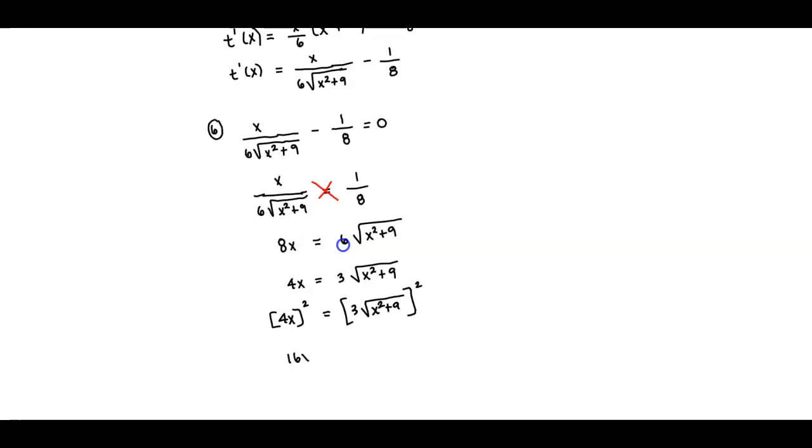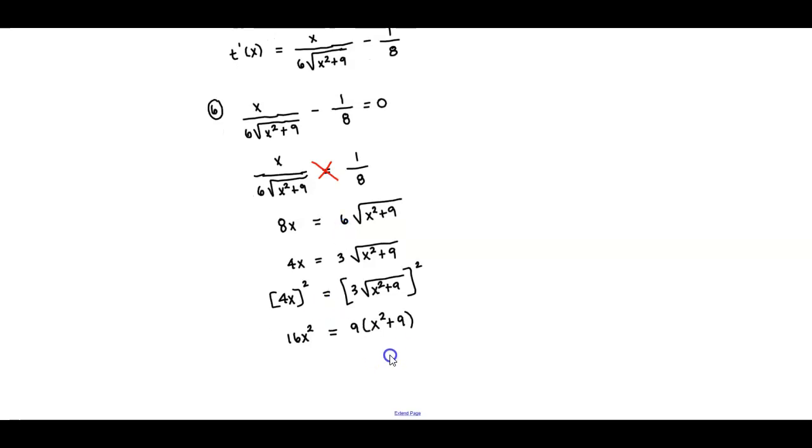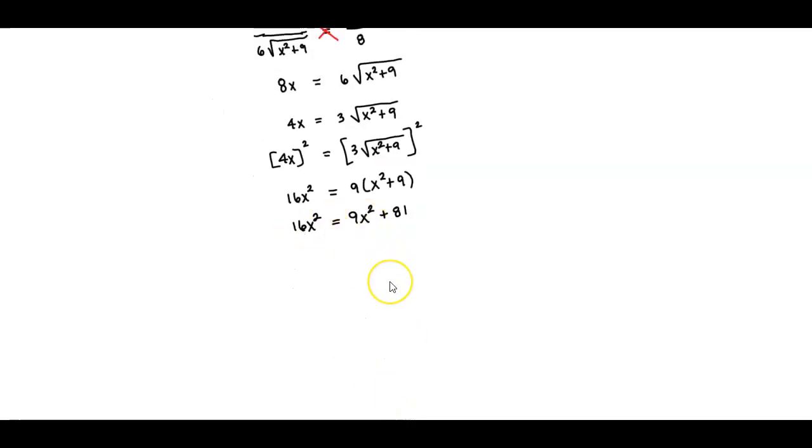So this gives us 16x squared, and this is going to equal 9 times (x squared plus 9). Let's distribute the 9, and we get 16x squared equals 9x squared plus 81. Now, if we subtract 9x squared from both sides, we get 7x squared equals 81. And therefore, x squared is going to equal 81 over 7.